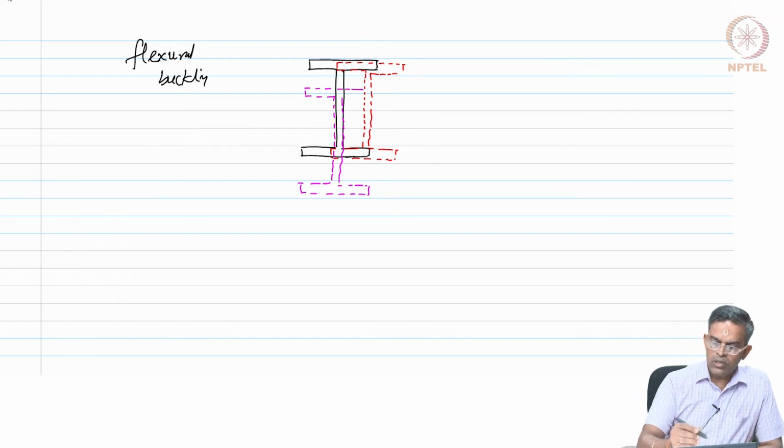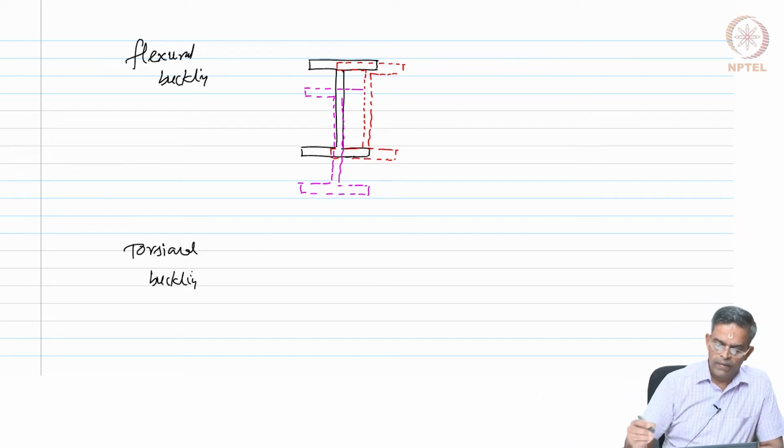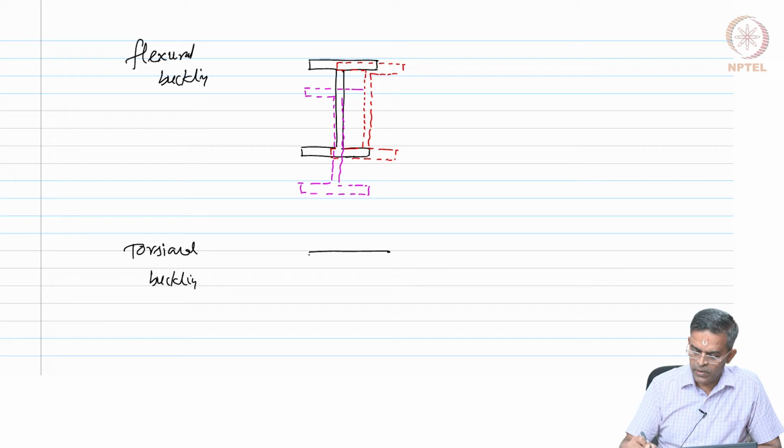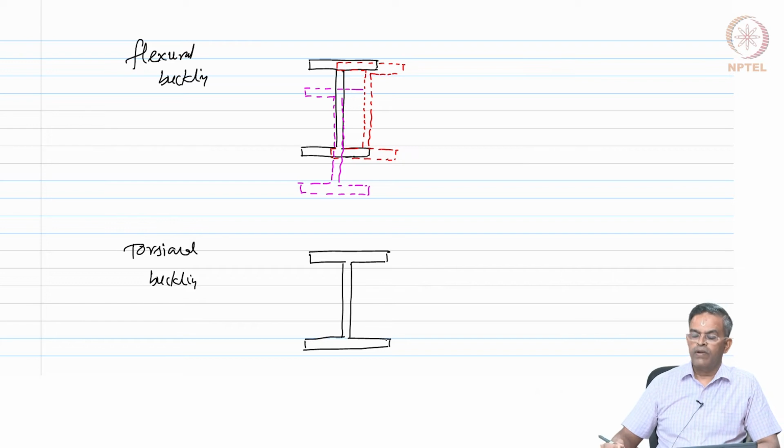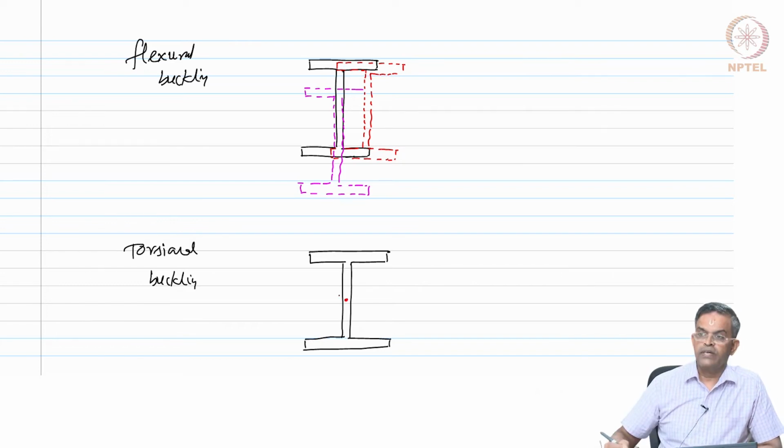If we talk about torsional buckling, the original I section will get rotated about its CG.